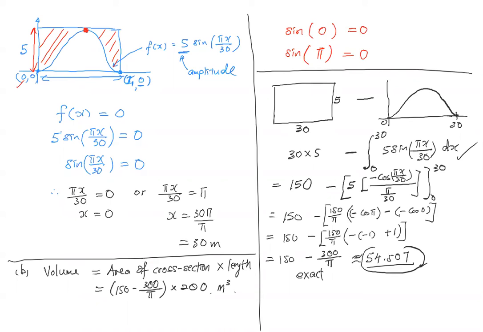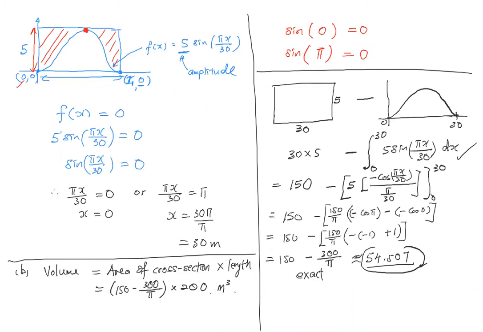Okay, can we move to question 18? Just for part B, can we just leave the answer with the times 200 like that? You want to multiply out? Why not? That means you do like that: 30,000 take away 60,000 divided by pi.